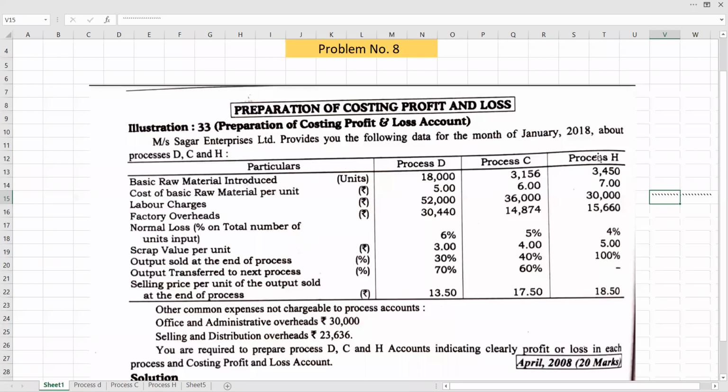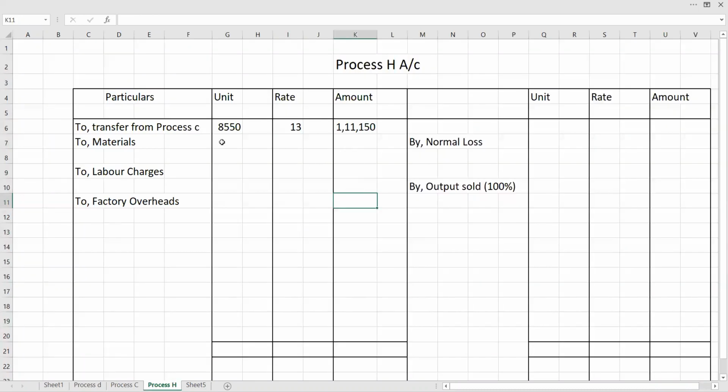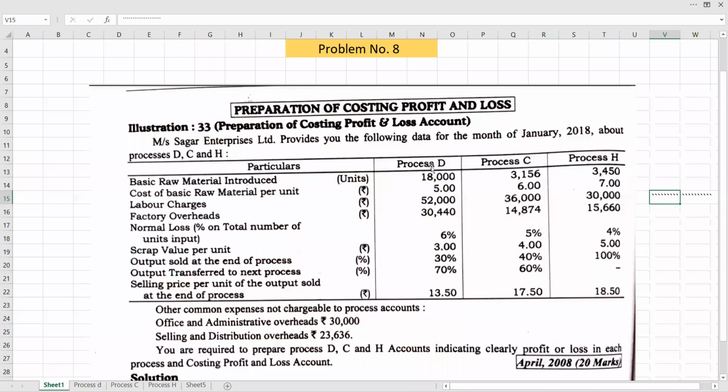See, जेवढे materials आहेत हे आपण record करून घेऊया. Material for process H, basic raw material 3,450. Rate जो आहे हा सुद्धा आपण record करून घेऊया 7.